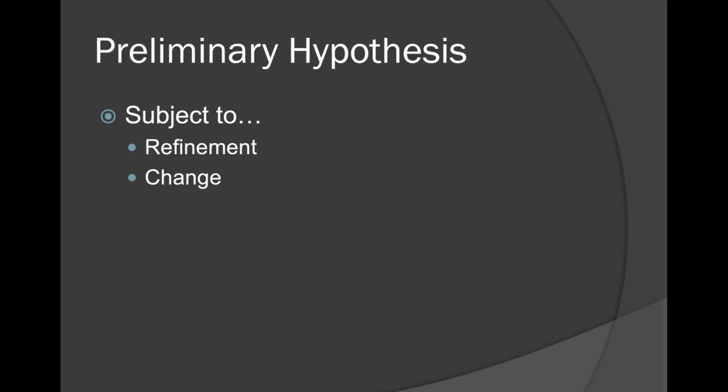So what you're going to be writing are preliminary hypotheses. They're subject to refinement, to change, to updating, to additional things. It's going to take you and I working together, each of you, to come up with a workable hypothesis based on what you want to study, what you found.